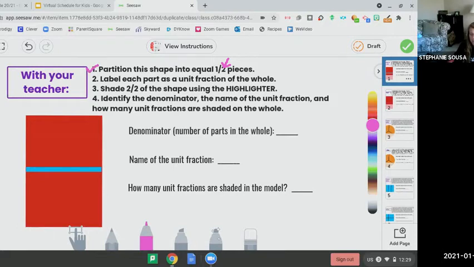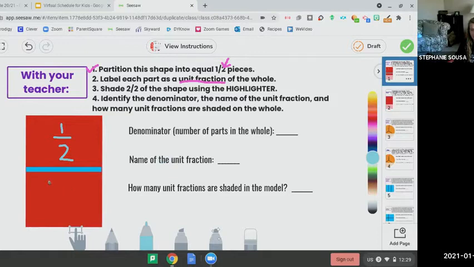Several of you would start going on to slide 2 and you would be getting an F because you didn't follow directions 2, 3, and 4. Make sure you do the whole thing. Step 2, label each part as a unit fraction of the whole. My notes tell me that unit fractions are 1 part. So I'm going to label the top as a unit fraction of 1/2.